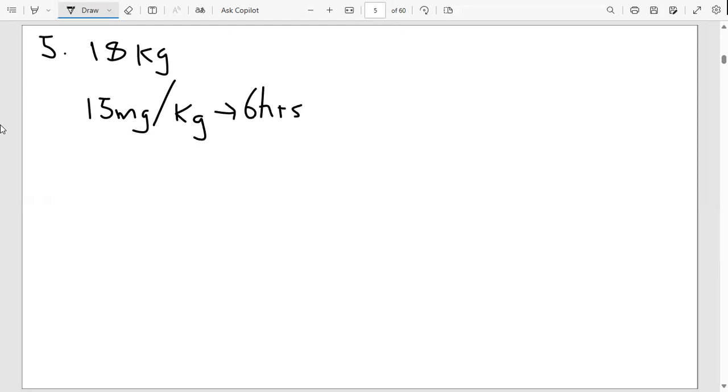In a day there are 24 hours. If we divide 24 hours by 6 hours, we get the answer 4, which means this dose is supposed to be administered 4 times in a day.